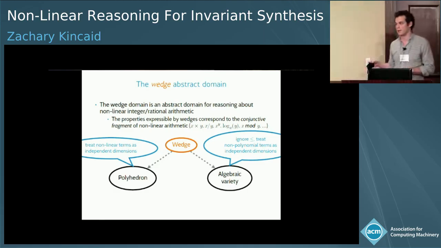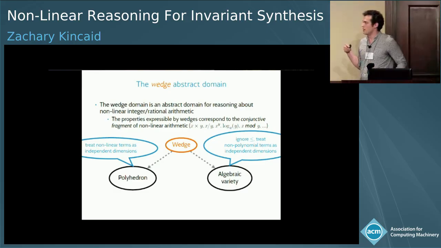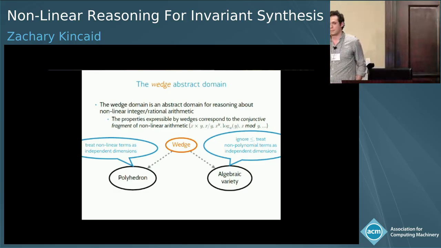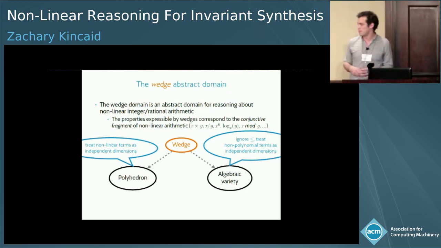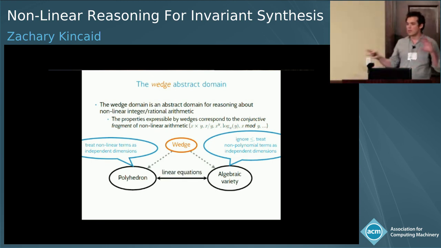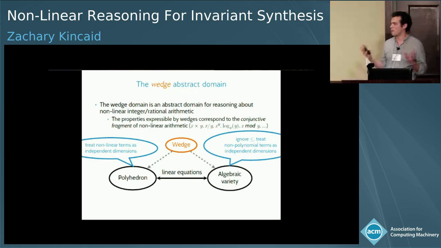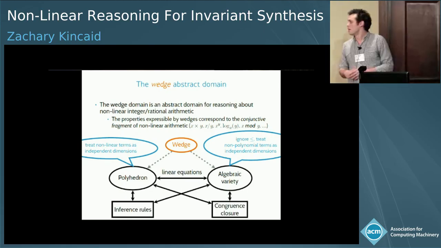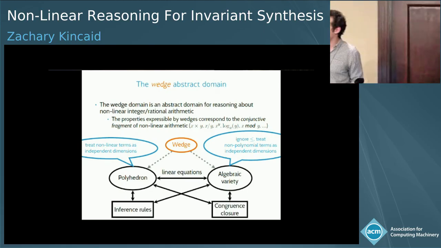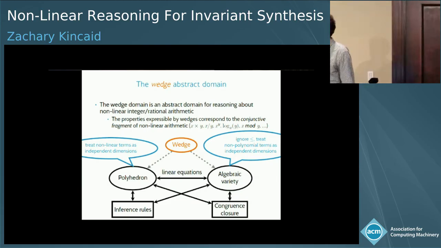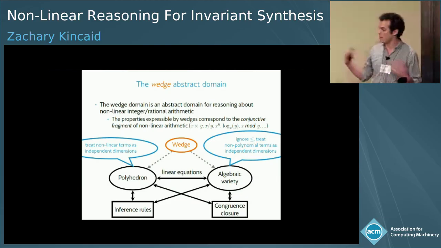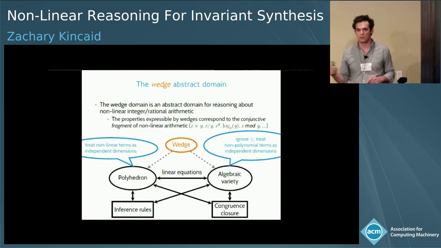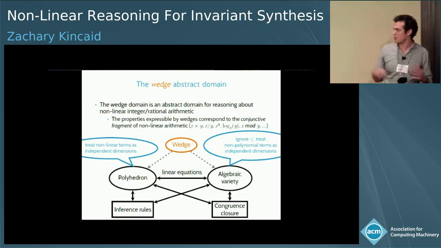And we obtain this view by just forgetting about all the inequations and treating each non-polynomial term as an independent dimension. And algebraic varieties are something we can reason about using, say, Gröbner basis techniques. And we can communicate between these two different views with the common language of linear equations. So if we derive linear equations, we pass them back and forth. And on top of all of this, we add some inference rules for inferring inequations, and some congruence closure techniques to reason about these functions, such as exponentiation.